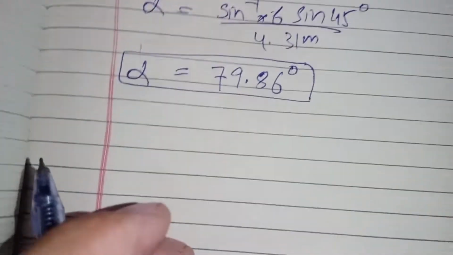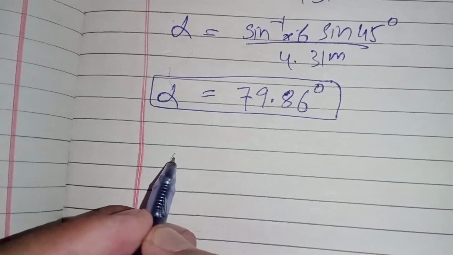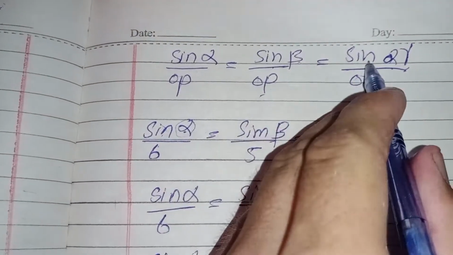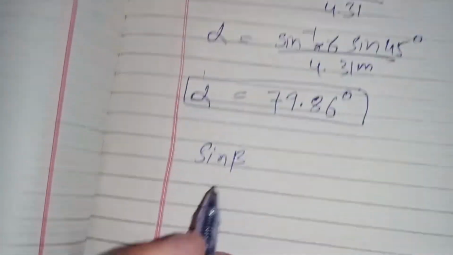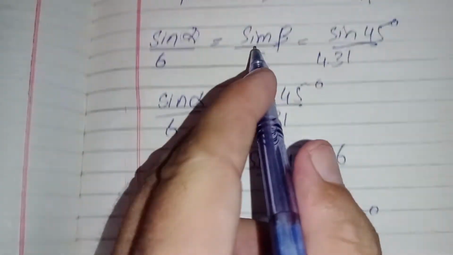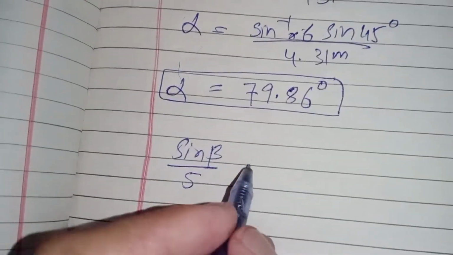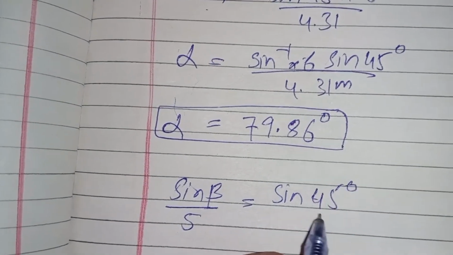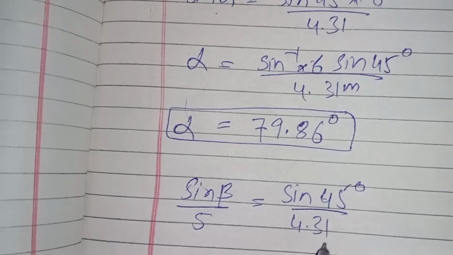Like that I will find beta. Sine beta divided by 5 equals sine 45 divided by 4.31.